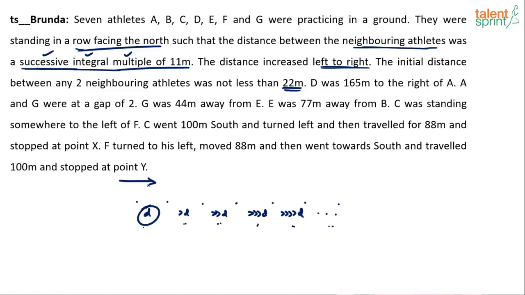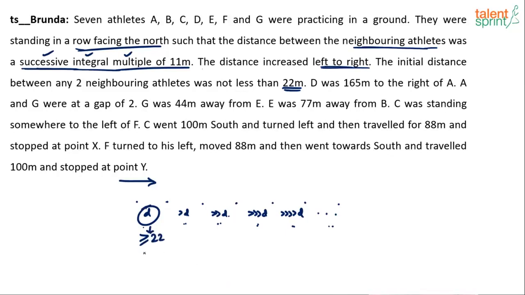So as you progress, you will find that the distances between neighboring athletes have increased. So the smallest one has to come from the left extreme person and the neighboring person. Then he says the initial distance was not less than 22. Initial distance is this only. This was not less than 22, meaning it was greater than or equal to 22. This D here was greater than or equal to 22.